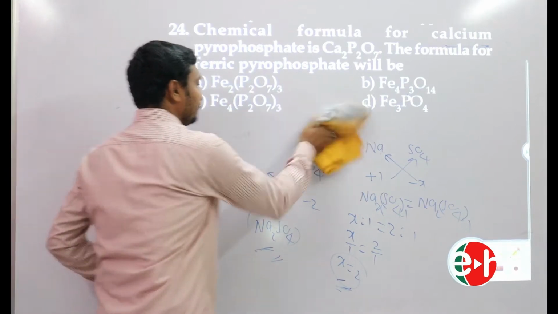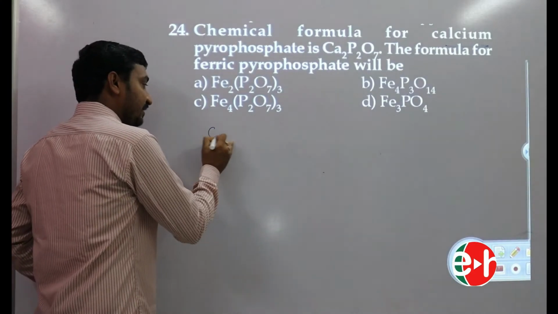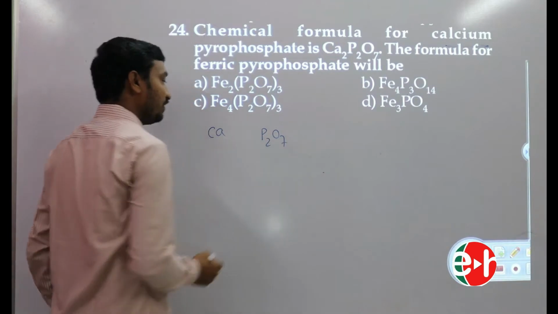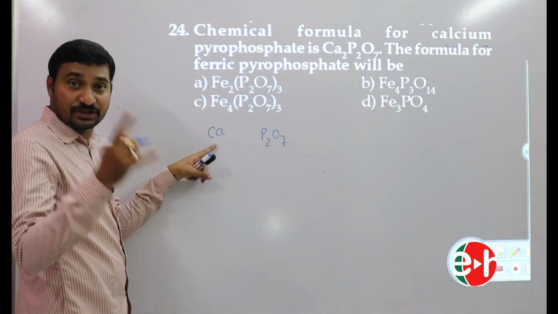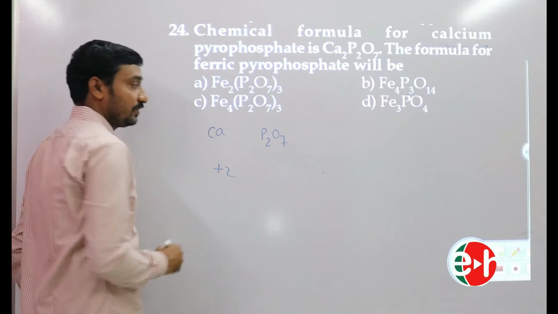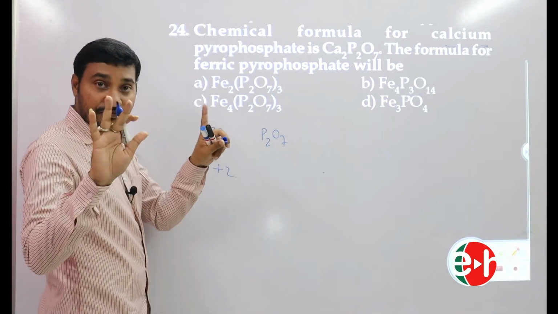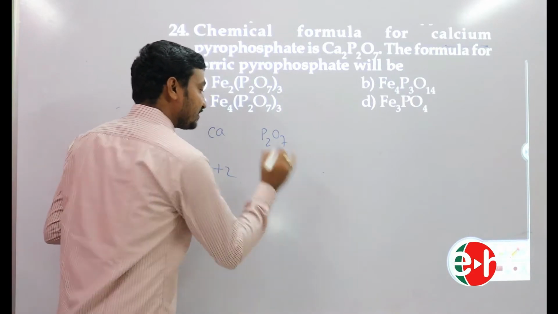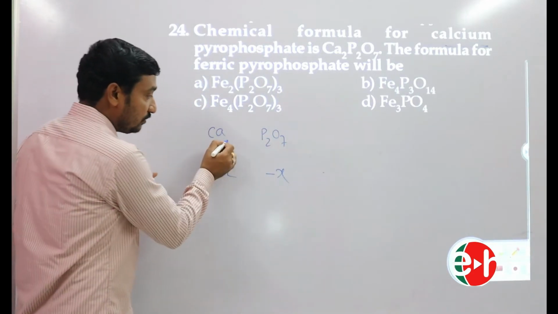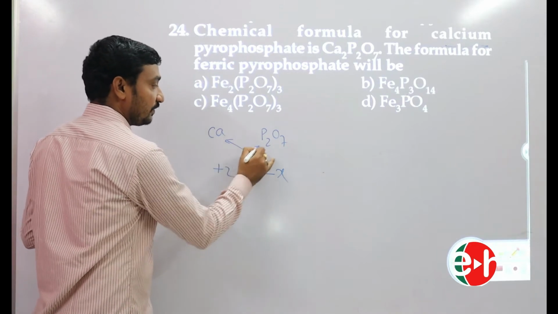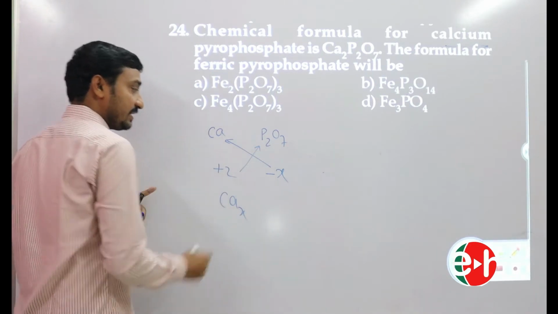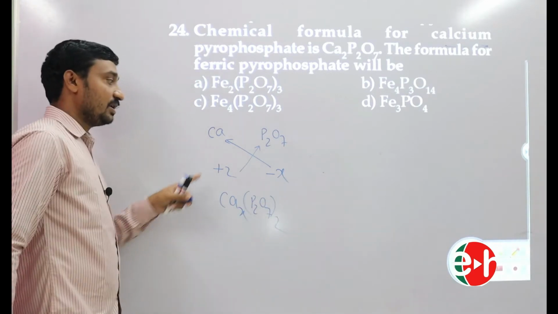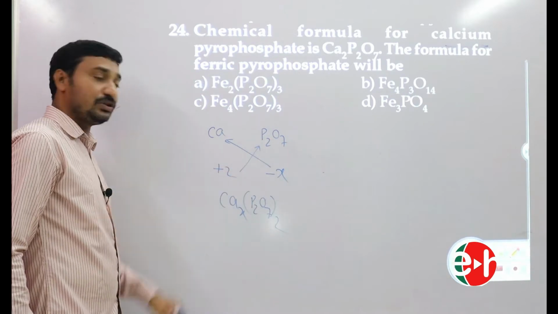First of all, see calcium pyrophosphate, P2O7. We know the charge on calcium is +2, a divalent ion. The charge on pyrophosphate we don't know, so you can say X. Now crisscross. Then Ca X times, P2O7 2 times.